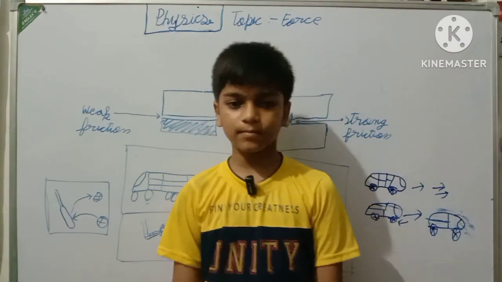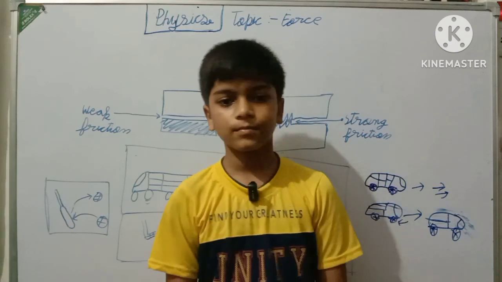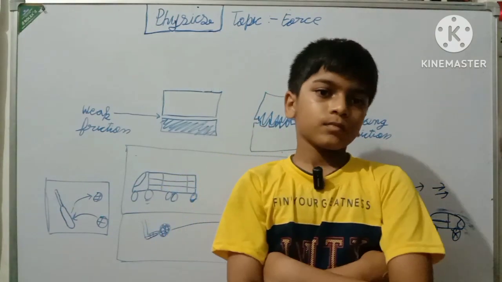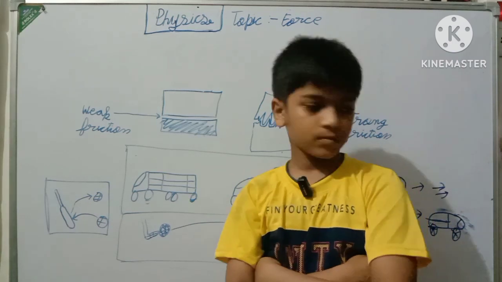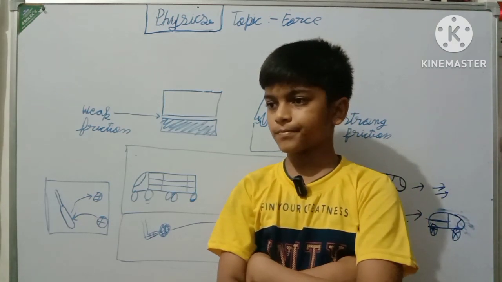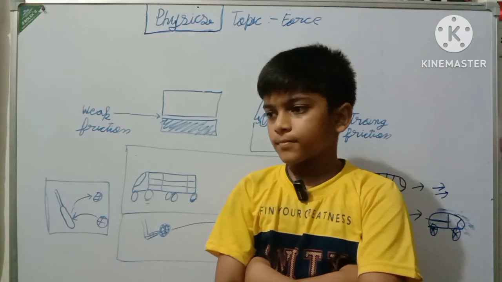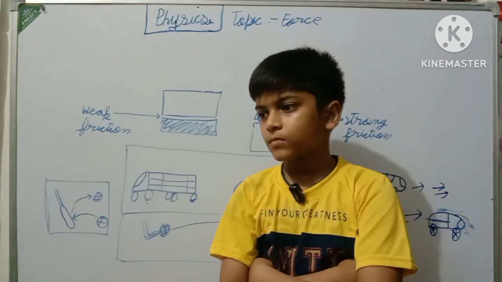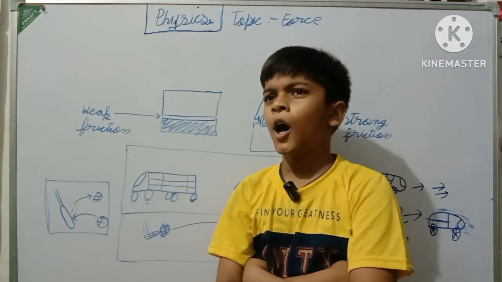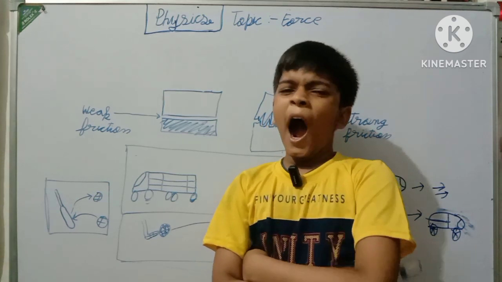Question number 1 is, which of the following is not an effect of force? Option A, a force can change the speed of a moving object. Option B, a force can change the direction of a moving object. Option C, a force can change the composition of a moving object. Option D, a force can change the shape and size of an object.